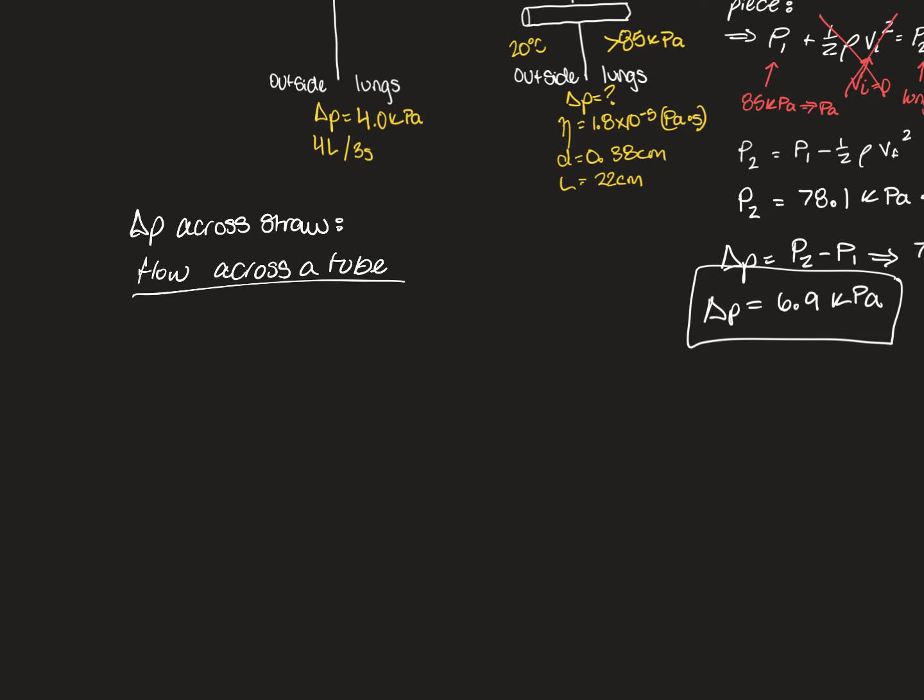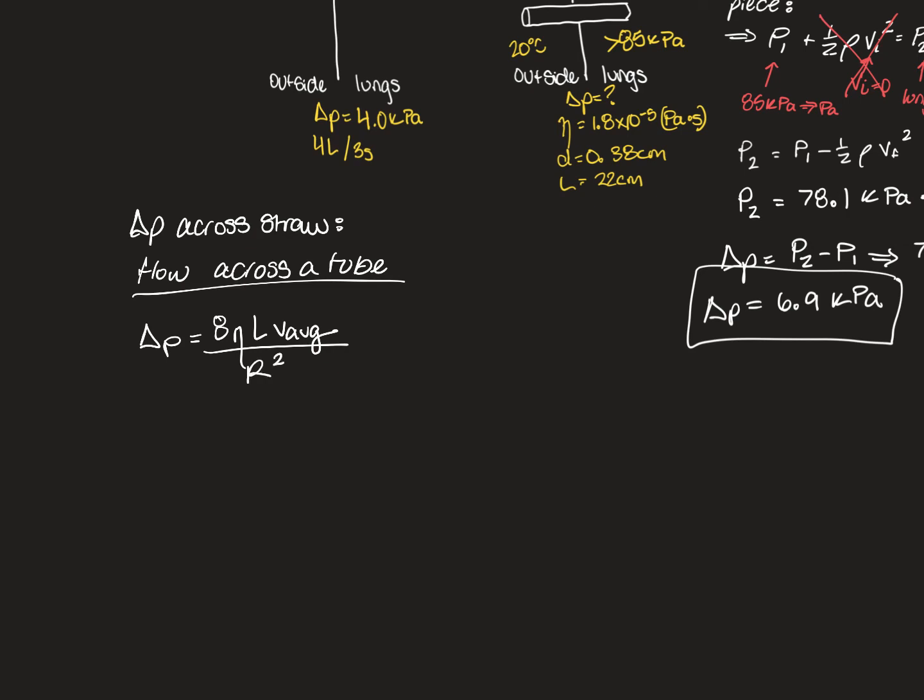This is something that you go over in class, but it's a recombination of Poiseuille's law. So delta P is equal to 8 times whatever that Greek letter is, times the length of the tube, times the average velocity, over the radius of the tube squared.